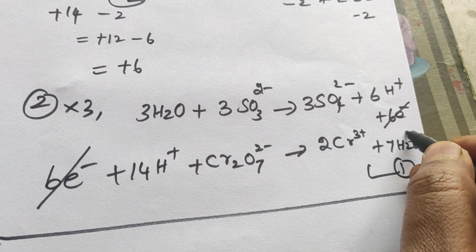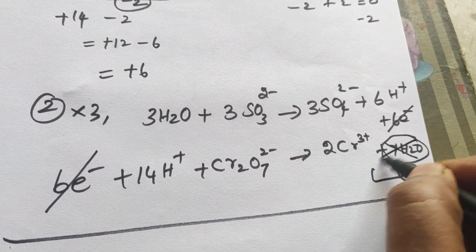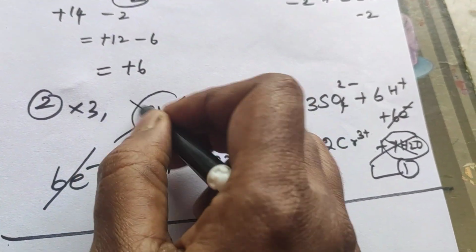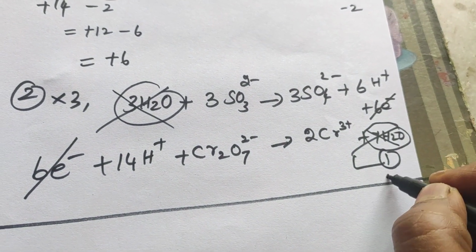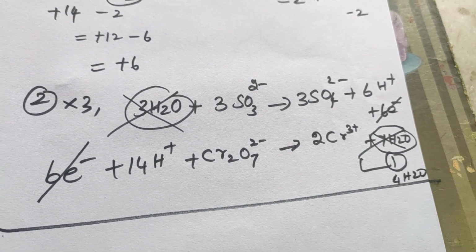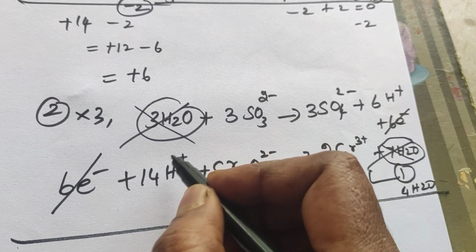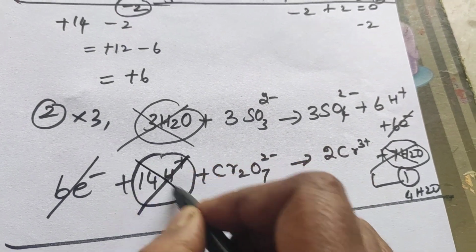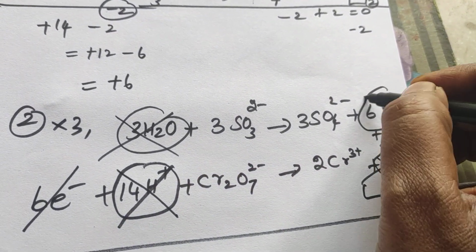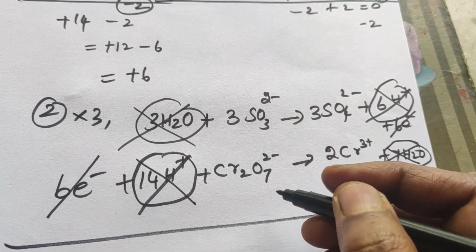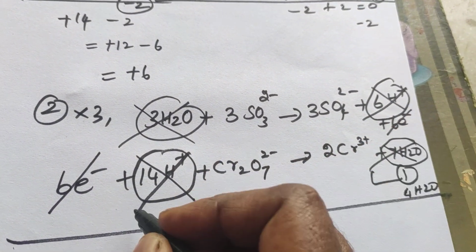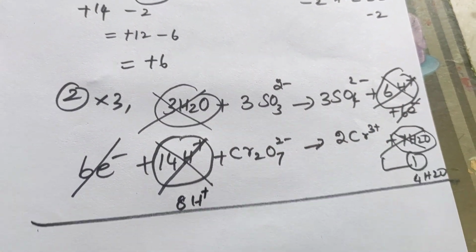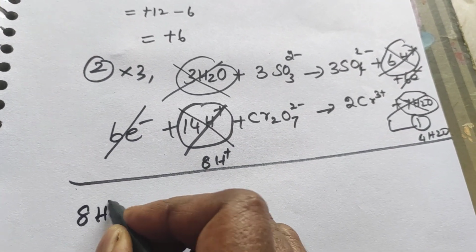Similarly water, in the product side 7 water molecules are there. Here 3 water molecules are there. So remaining here you will have 4 water molecules. Okay. So anything else? H plus. Here 14 H plus are there. Here 6 are there. So that you can cancel out. So remaining you will have 8 H plus here, right? So the final equation is 8 H plus.